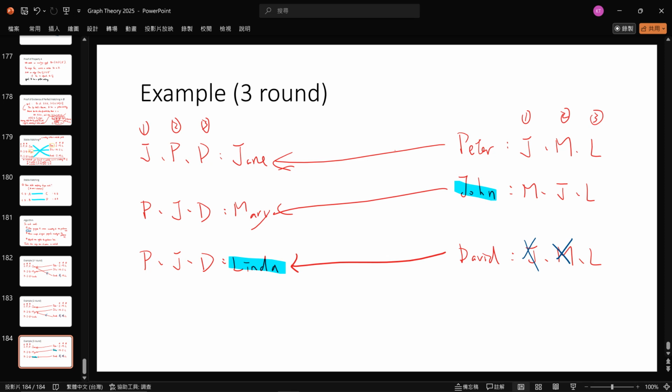And from John's point of view, well, John is matched to his favorite, so the second constraint is not satisfied. So once again, this is not an unstable pair. So basically you can check all these unmatched pairs, and you'll see that they are not unstable pairs. Okay, so this is the algorithm.